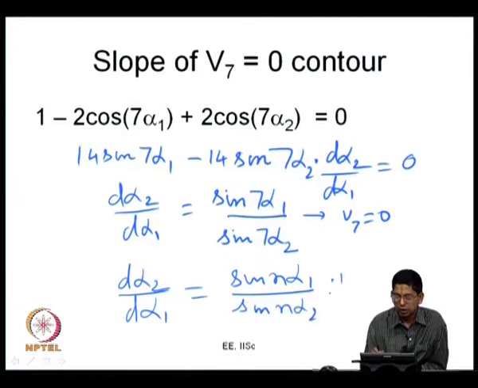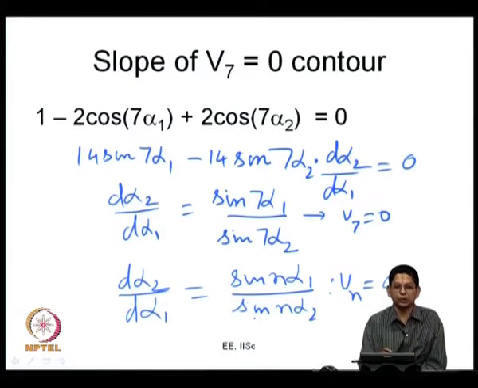This is for any particular V n equal to 0. It can be V 11 equal to 0 or V 13 equal to 0 and so on. So, this is how the slopes are for any V 7 equal to 0 contour or any V n equal to 0. From this slope it is very easy for you to find out where these curves go through zero slope and where they have infinite slope, and you can very easily come up with certain sketches that you really want to have here.